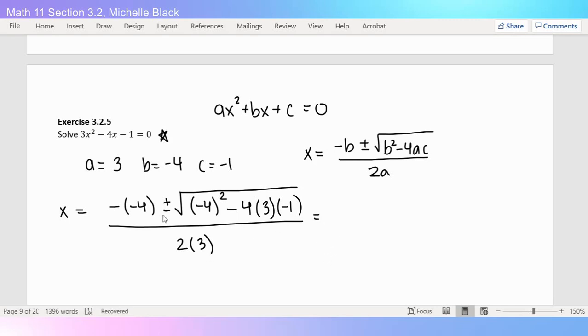And now I can simplify. So negative 4 becomes positive 4. Negative 4 squared is positive 16. Negative 4 times 3 is negative 12, times negative 1 gives me back positive 12. And this is all over 2 times 3, which is 6.